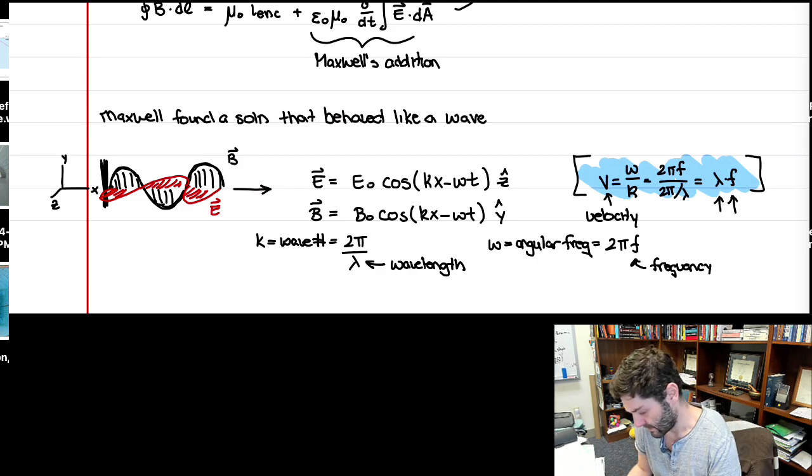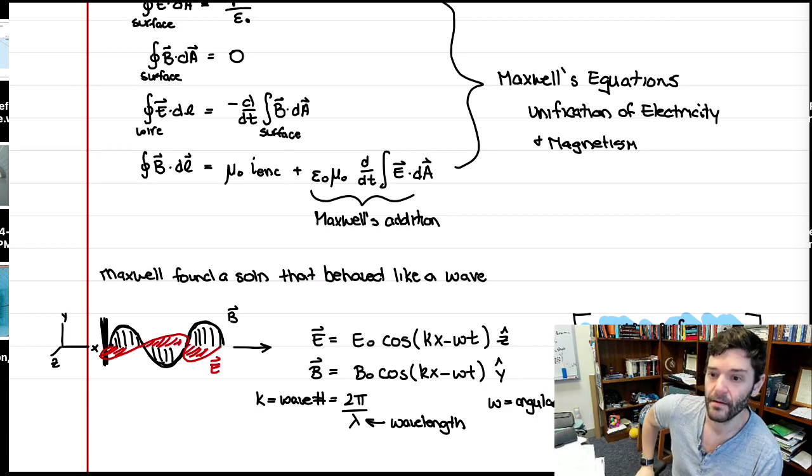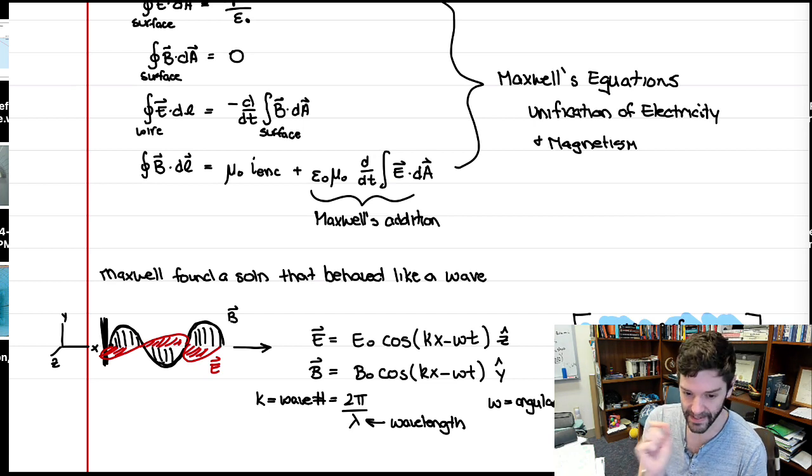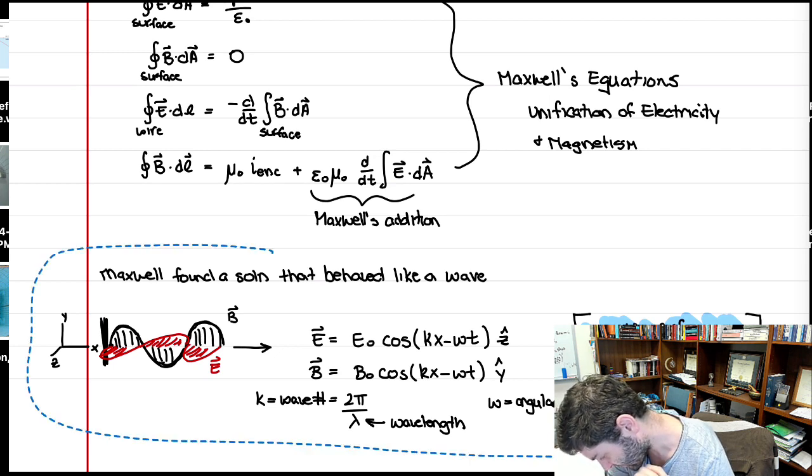Now, here's the big thing, why this was a breakthrough. You say, okay, cool, he found the solution. That's fun. Then he calculated exactly what this velocity was. Let's see. I'm going to keep everything together, so I'll move this to the next page.